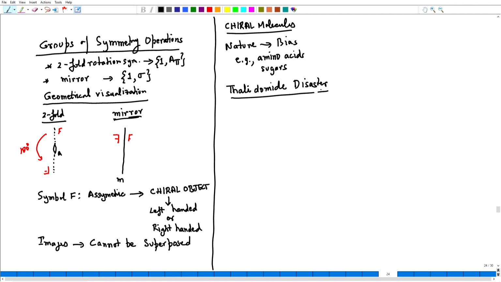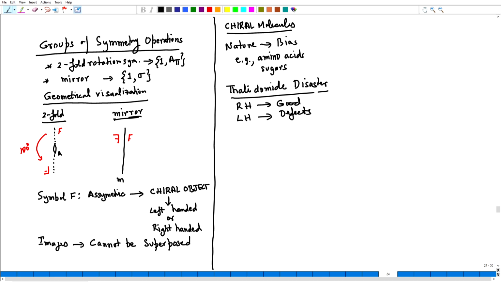So, thalidomide medicine was considered as a miracle drug in the 1960s for morning sickness. And later on, it was found, after of course disastrous, that lot of births that took place, many birth defects, and it was figured out that the right handed version was the good molecule, the left handed version produced defects.